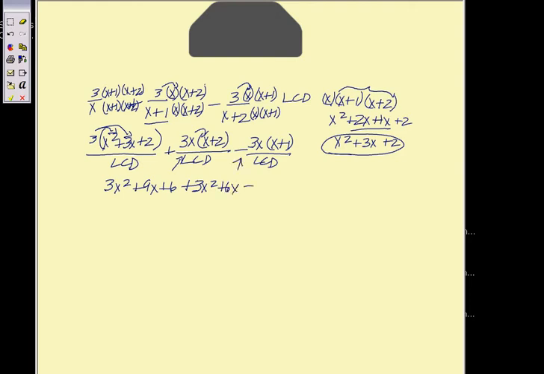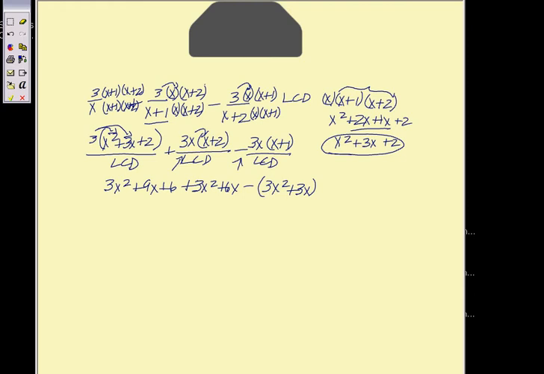This one has a subtraction sign here, so this one gets tricky. I'm going to put this in parentheses because we will need to remember to distribute that subtraction sign through the parenthesis set here. So 3x times x will have 3x squared. 3x times 1 is plus 3x. Now I'm going to rewrite everything after I distribute that negative.